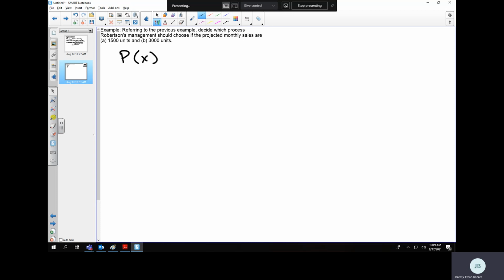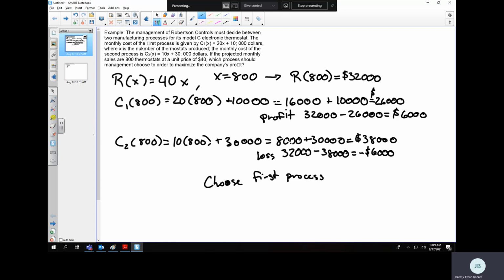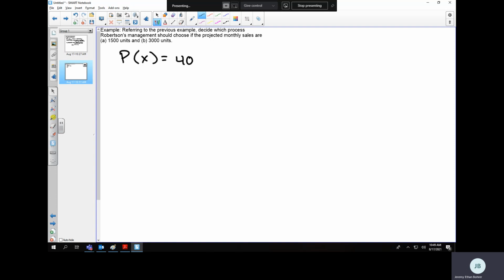P of X equals, let's see, look at this again, 40X minus 20X plus 10,000, which is 20X minus 10,000.